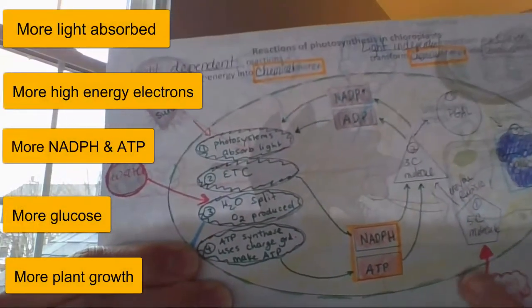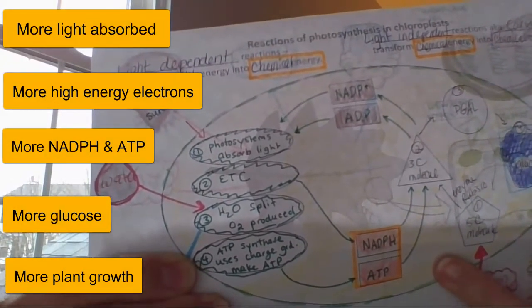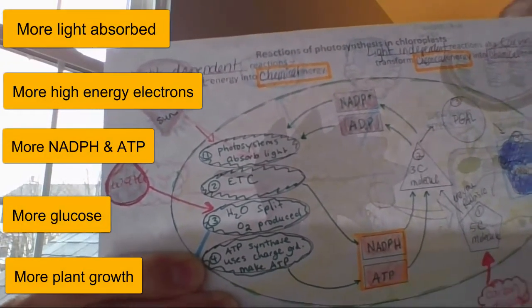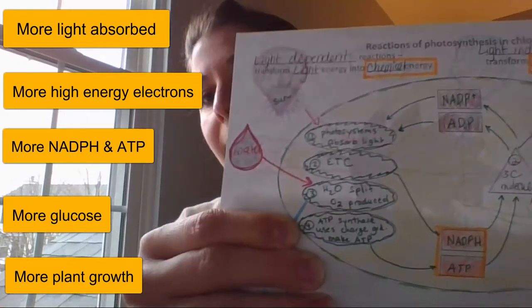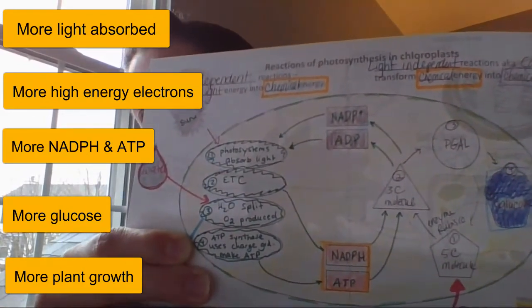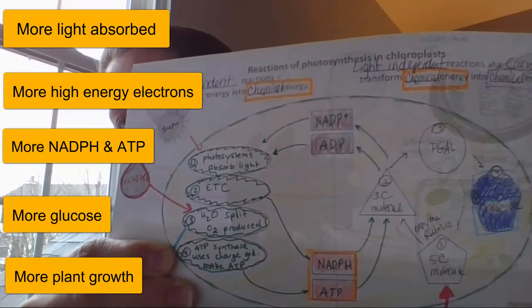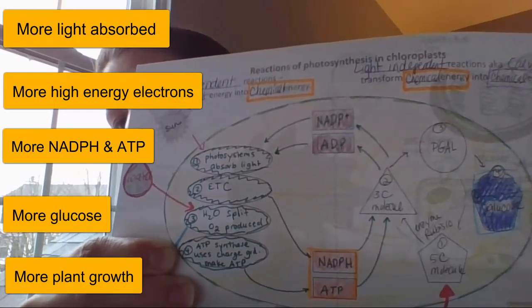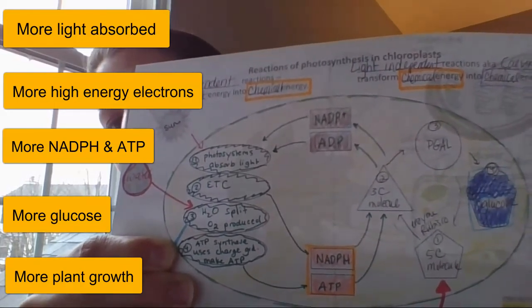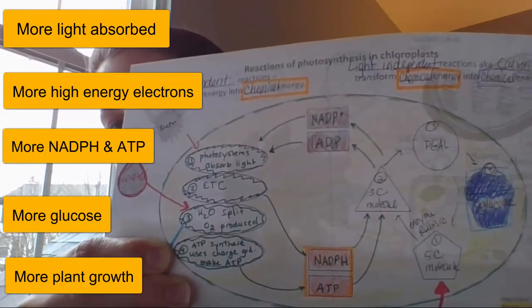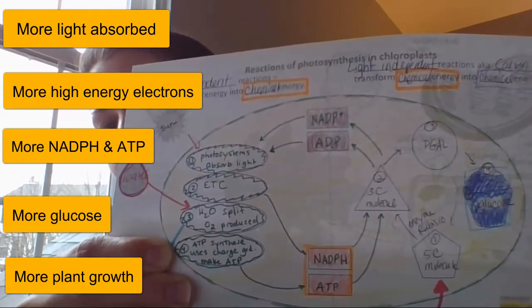That leads to there being more NADPH being produced, which then goes into the light-independent reactions or the dark reactions. So it goes in, it provides the energy for those dark reactions, and then you can make more glucose. That NADPH and ATP are recycled back to ADP and NADP+.